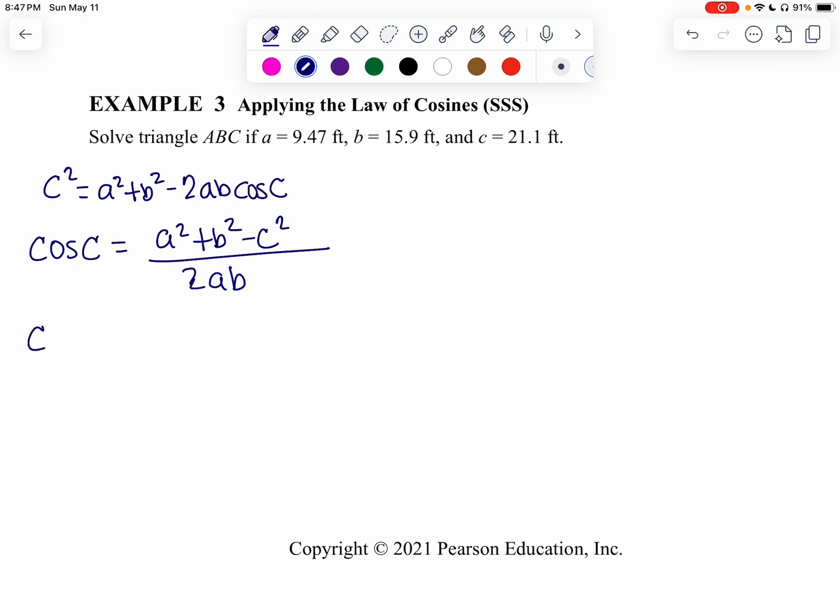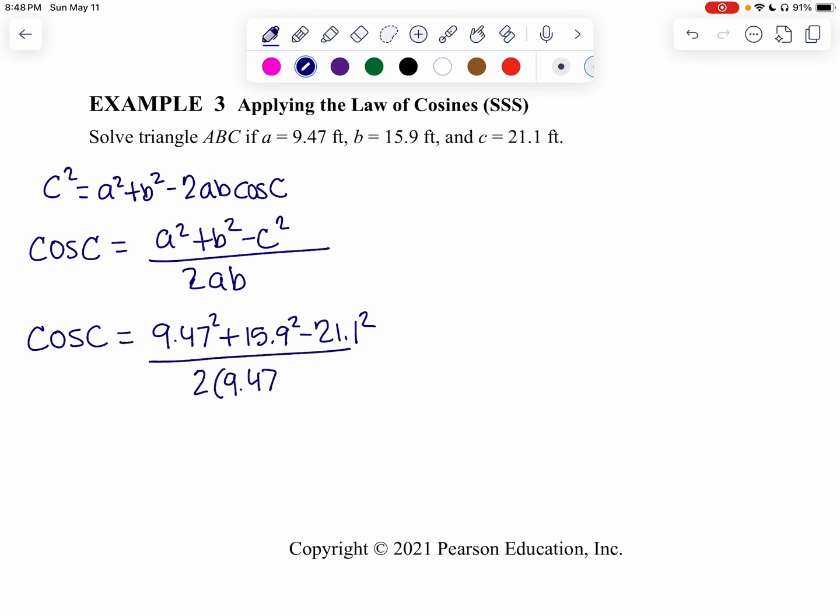When we plug in our results, cosine of C is equal to 9.47 squared plus 15.9 squared minus 21.1 squared all over 2 times 9.47 times 15.9.